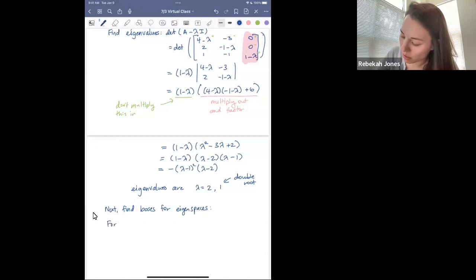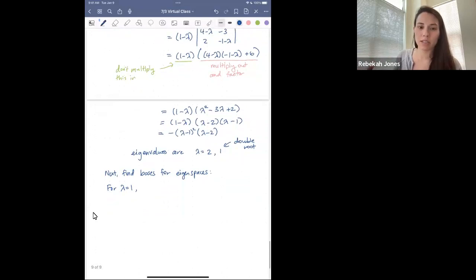So for lambda equals 1, what we're hoping is that the eigenspace has dimension 2, because if the eigenspace only has dimension 1, then we don't have linearly independent eigenvectors, and so we can't diagonalize. But let's see what happens here.